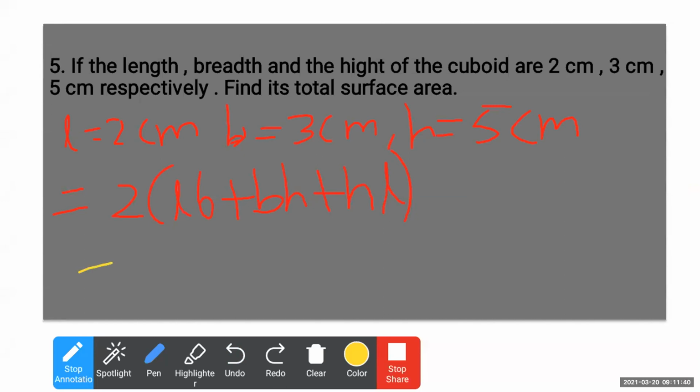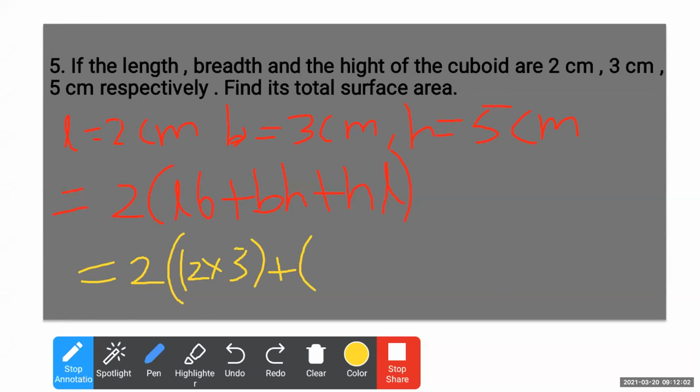So here, 2 into length into breadth. Substitution first you should write, that is 2 into, breadth is how much? 3. Here you can put a small bracket, plus again bracket, breadth into height.